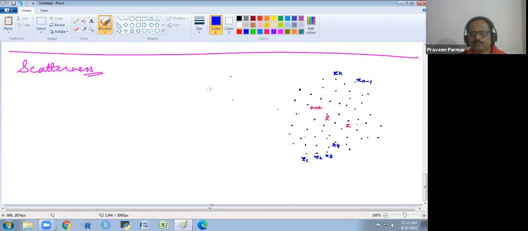We want to find the average deviation through the central tendency. In the previous case, when we were talking about the average scatterness, we use it in clustering techniques.